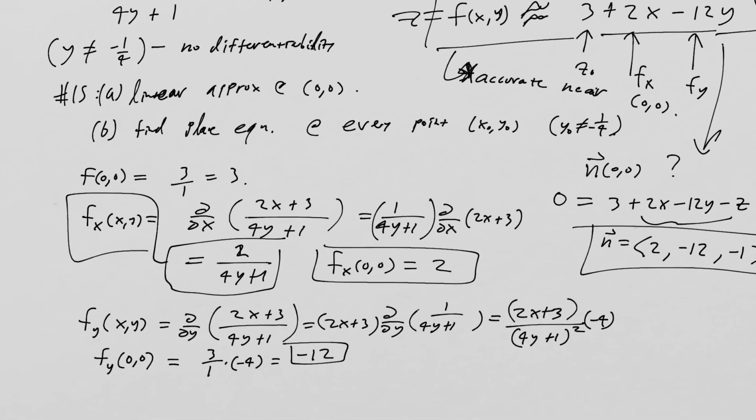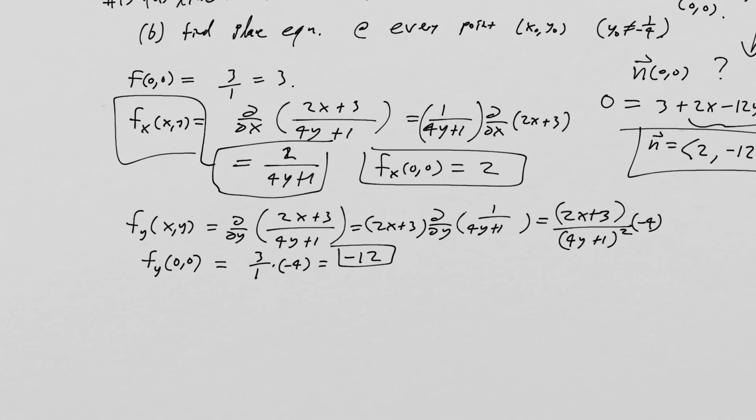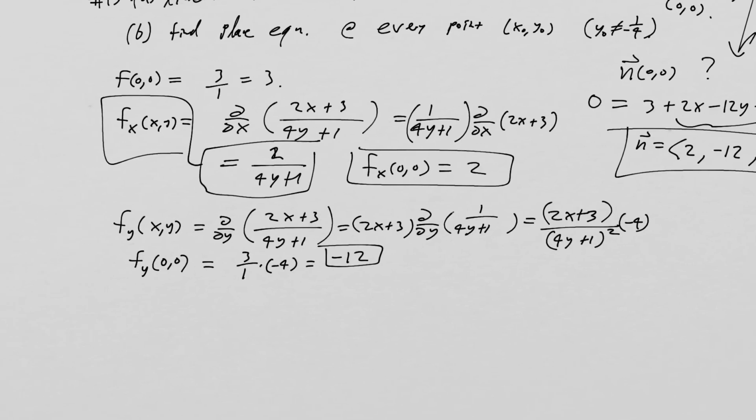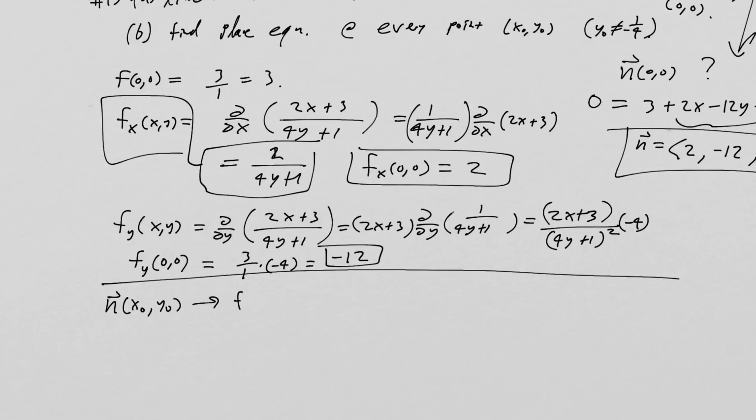That's what we've done. What I want to do now is collect up my things and do a new problem. Now I want to find n of x naught, y naught. I want to find the plane equation for all x naught, y naught that are allowed.